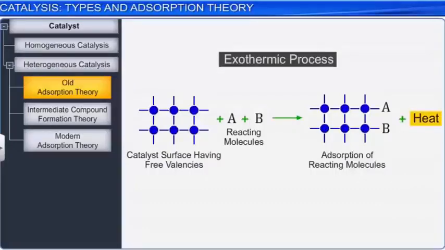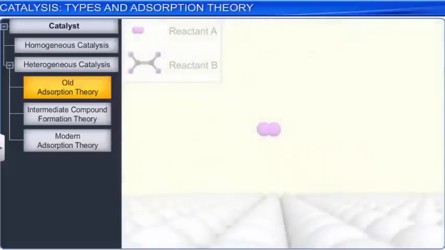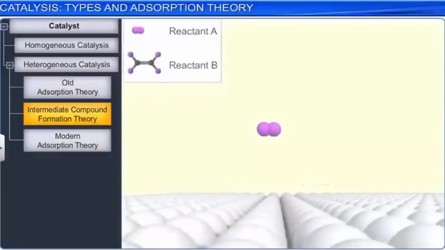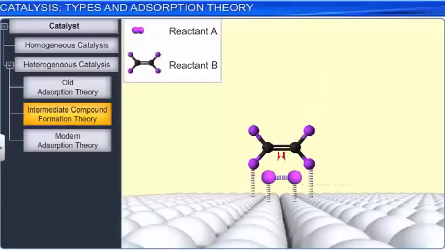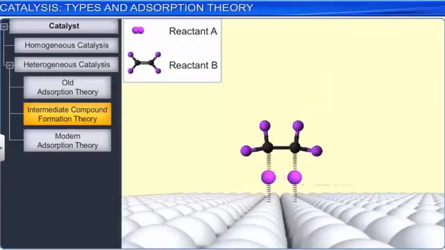Let us now discuss the second theory of heterogeneous catalysis, the intermediate compound formation theory. According to this theory, the reactants A and B first combine with the catalyst C to form an intermediate complex.